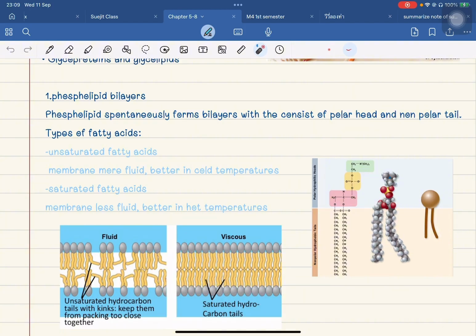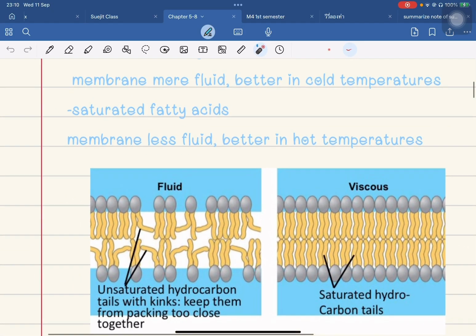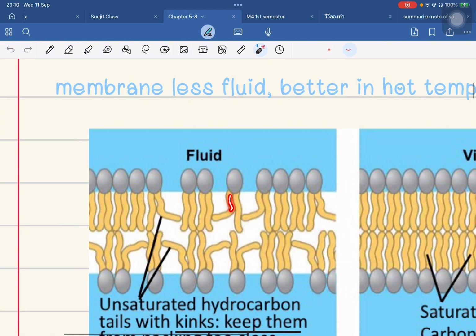We have 2 types of fatty acid, the unsaturated fatty acid and the saturated fatty acid. If the type of fatty acid they use is unsaturated, the membrane will be more fluid, because they are not straight, so in the membrane there is more space for it, so it's kind of fluid.